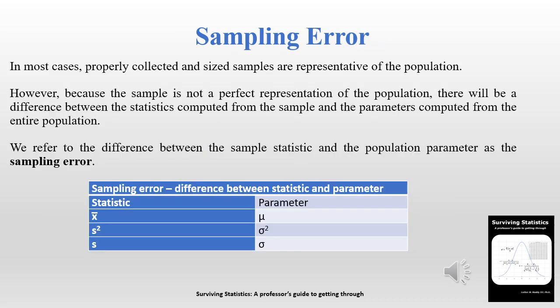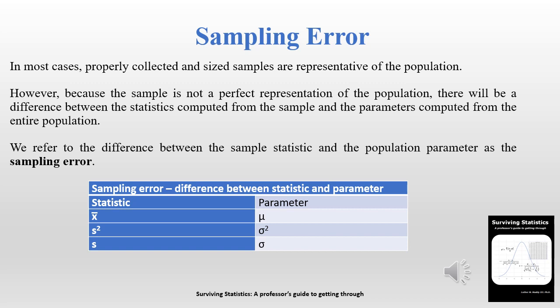We've mentioned that we can use samples to represent populations accurately. However, there are times when we're going to get some errors, and we call that sampling error. For instance, if we survey a population and we end up with a particular mean, and then we pick a couple of people at random, two or three or four or five, and we sample those and compute a mean, if there is a difference, and there most likely will be, we call that the sampling error.